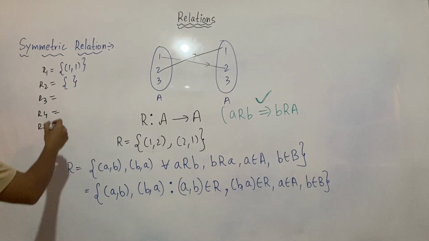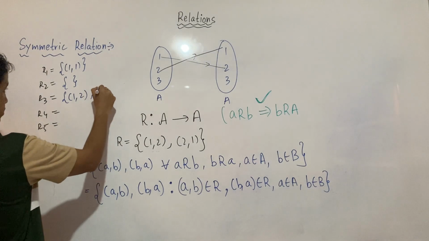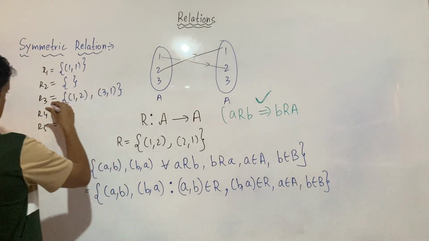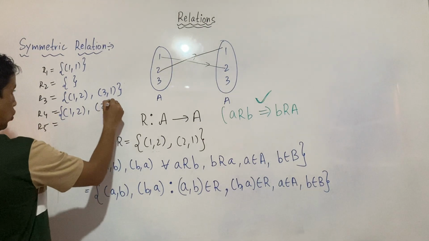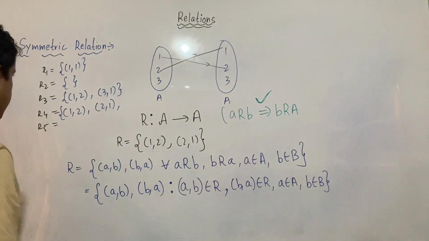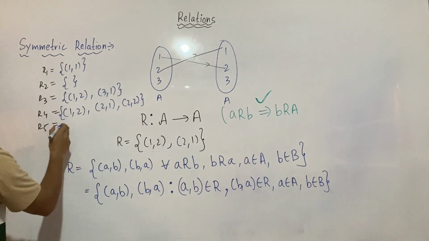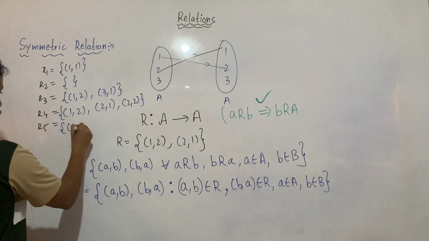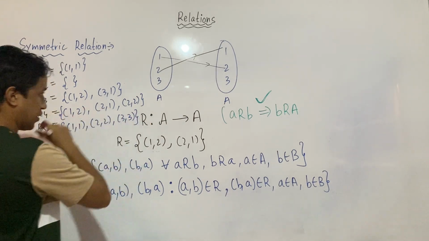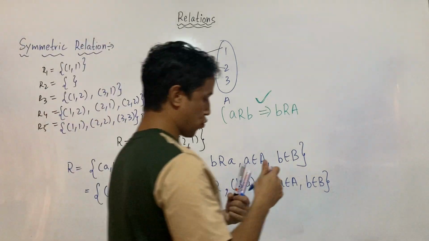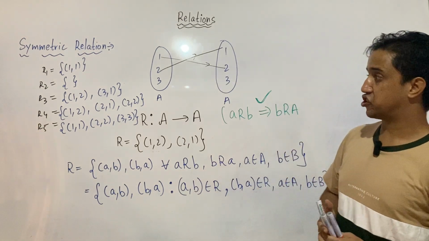Relation R3 has (1, 2) and (3, 1). Relation R4 has (1, 2), (2, 1), and (2, 2). And relation R5 has (1, 1), (2, 2), and (3, 3). Okay, so we have to find what relations are symmetric and what relations are not symmetric.